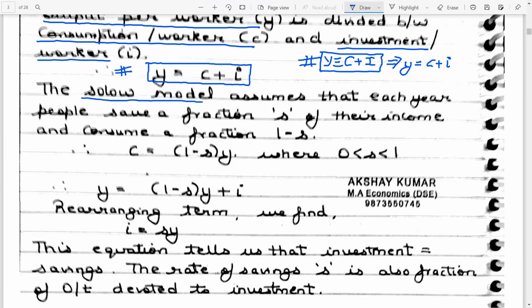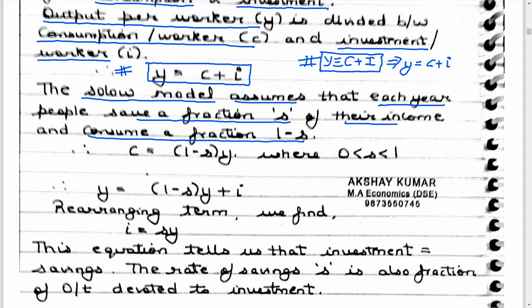The solow model assumes that every year people save a fraction s of their income and consume a fraction 1 minus s. If you can recall, we had made this assumption in the Harrod-Domar model also. Every year, s fraction of the income is saved and 1 minus s fraction of the income is consumed.